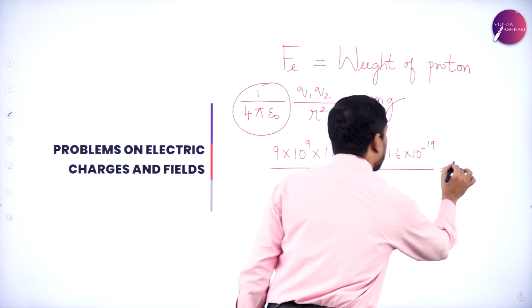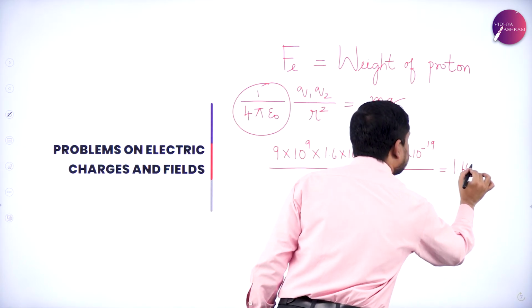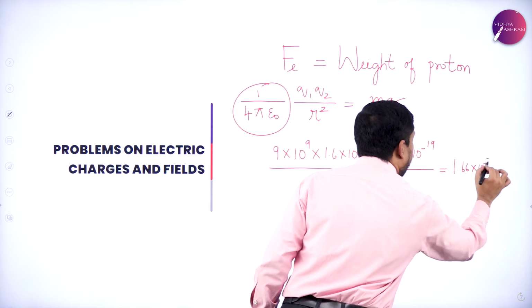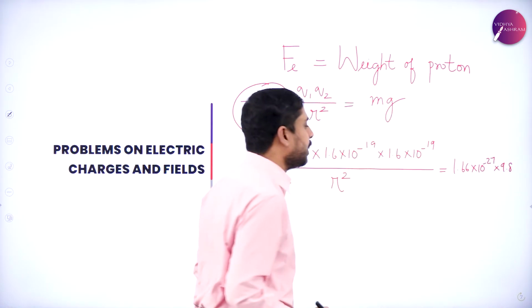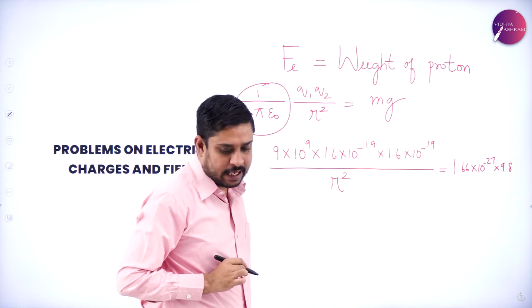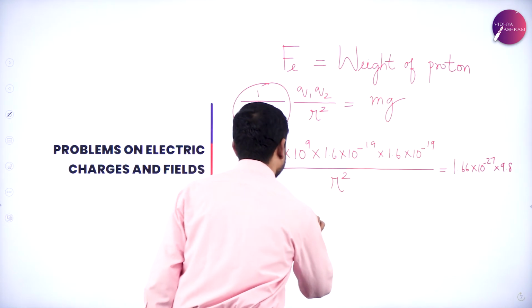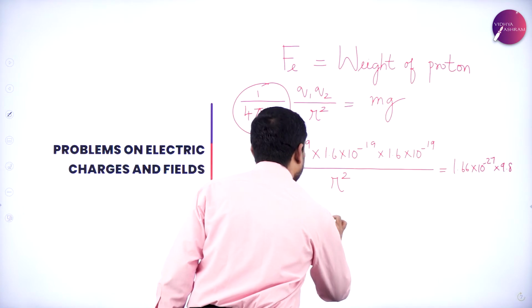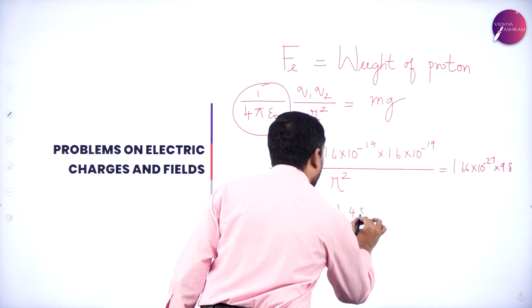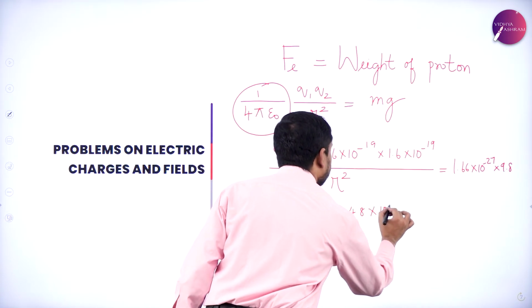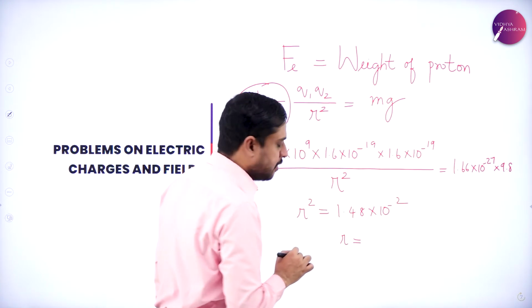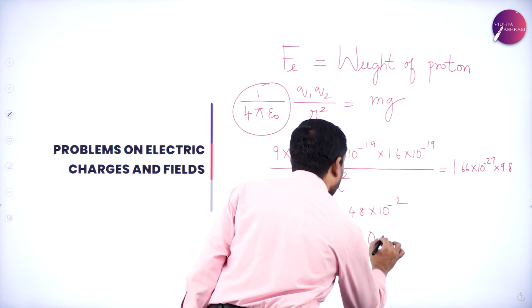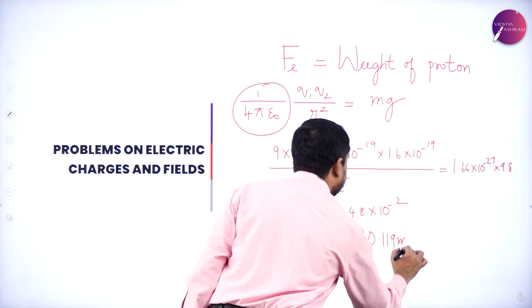Mass of each proton 1.66 into 10 power minus 27, 9.8, where R square turns out to be 1.48, or R turns out to be 0.119 meter.